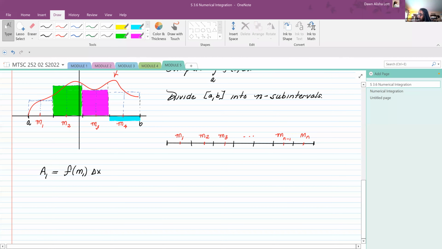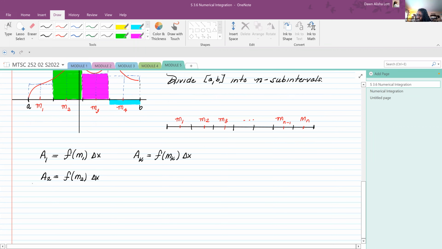The area of the second rectangle is f of M2 times delta x. And the area of the kth rectangle is to take f of Mk and multiply it by delta x.